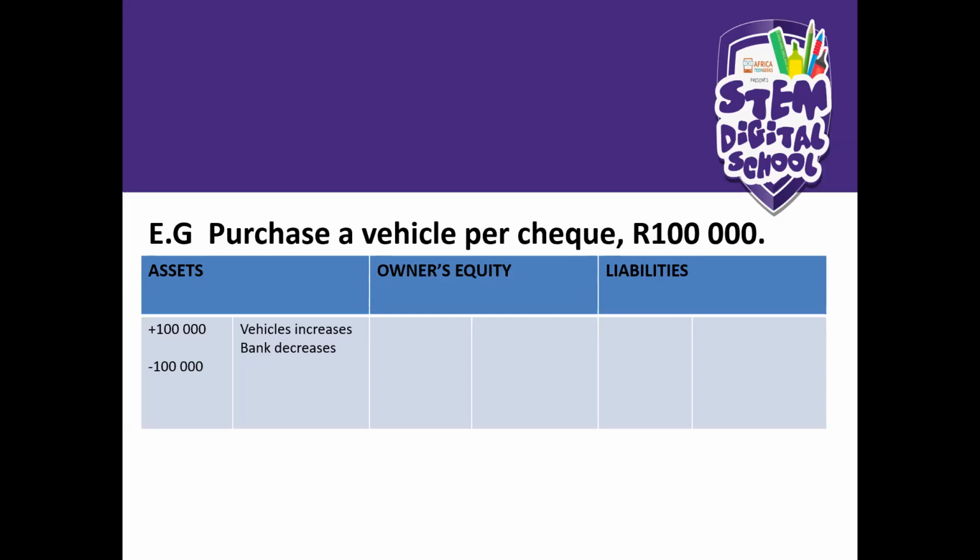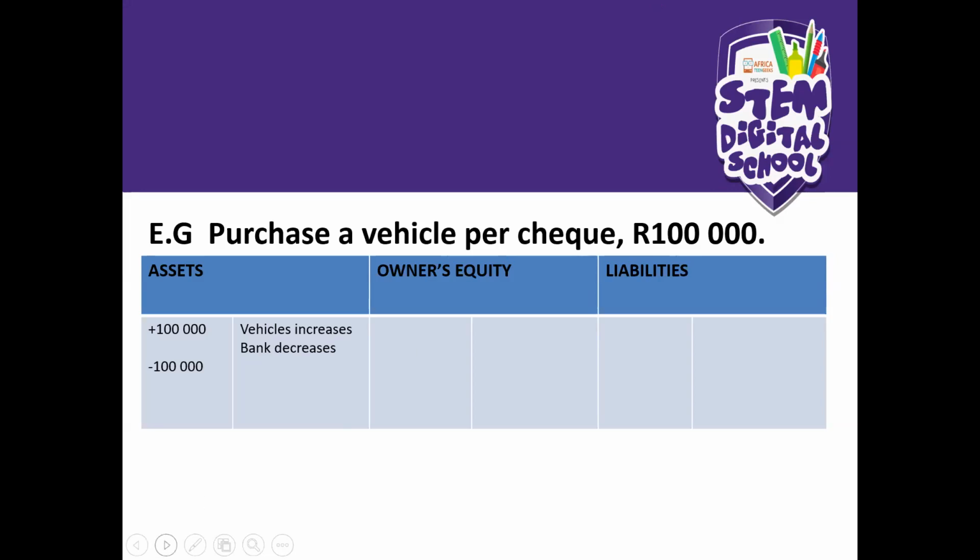So plus 100,000 with assets because your vehicles is increasing. But you need to pay for that vehicle. So what is going to happen with the business bank account? Bank account is going to decrease, therefore minus 100,000, and bank is also an asset. And so you put it under assets and you say bank is decreasing.